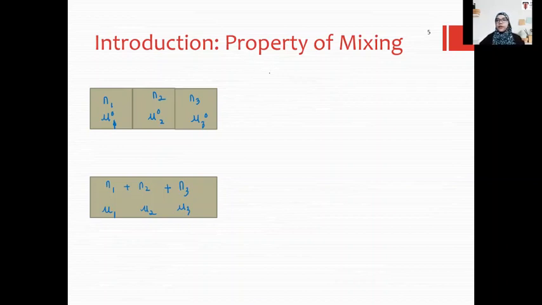For the free energy, when we discuss it based on the Gibbs energy, before the mixing we have G1 equal to N1 mu1 plus N2 mu2, the chemical potential for component 2 at initial, and also the third component N3 mu3.